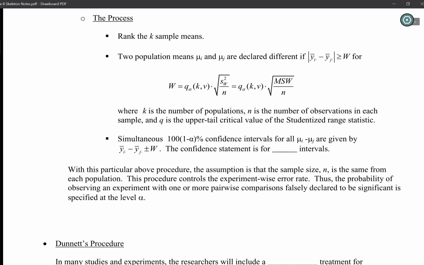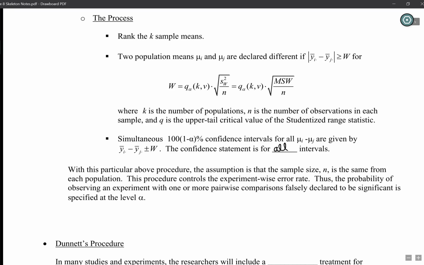Now, what this approach does is it controls the overall error rate, or the experiment-wise error rate, if we were to test several population means. And for any corresponding confidence intervals, the resulting confidence intervals for all mu_i minus mu_j, the confidence statement is for all intervals.